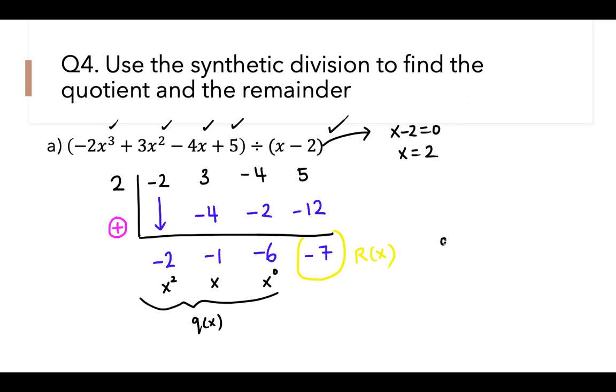Therefore, I can conclude that the quotient is negative 2x squared minus x minus 6, because x to the 0 is 1. My apologies. And then the remainder is negative 7. The remainder is always going to be a constant, which is a number.